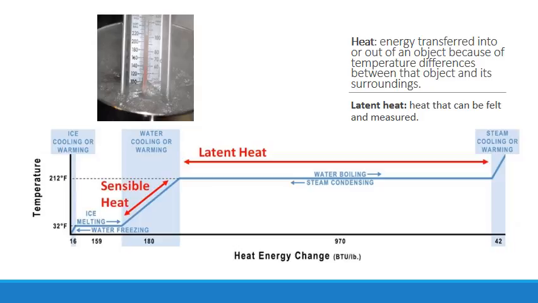So if we start with frozen water, at very low temperatures, I'm right down here at the origin of the graph. Let me highlight. If we start down here, we see we're below 32 degrees Fahrenheit, which is the freezing point of water. And as the temperature rises, we see this line going up at a steep angle.